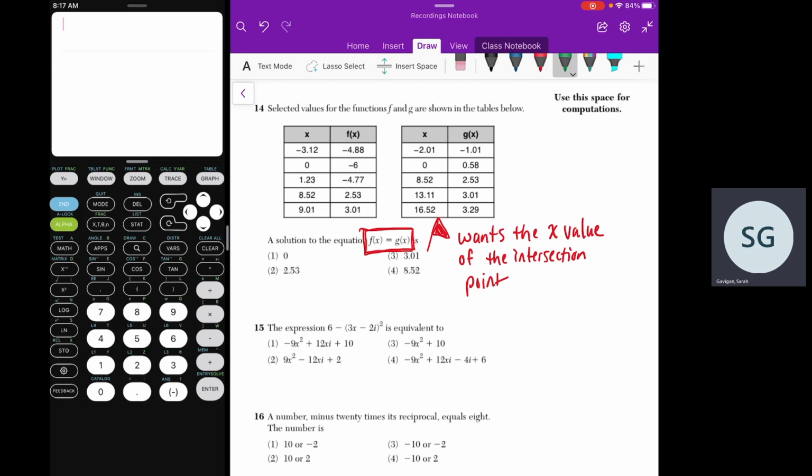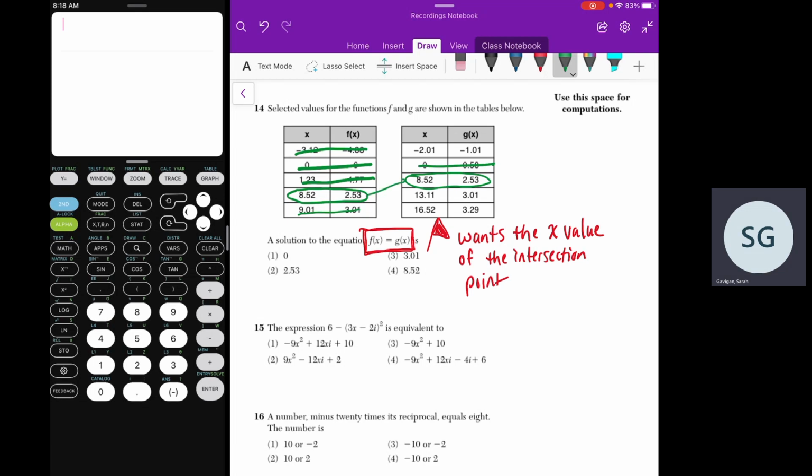The intersection point is a point on both graphs. So this point, I don't see it over here. 0, -6, I don't see, because 0, that one. 1.23 is not on that graph. 8.5. Okay, so this I see here. 9.01 is not on that graph.